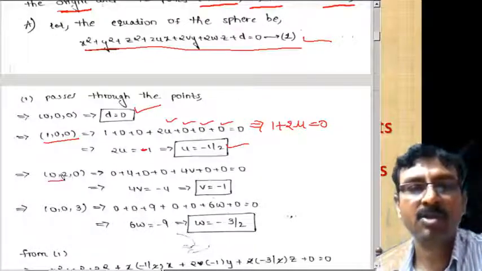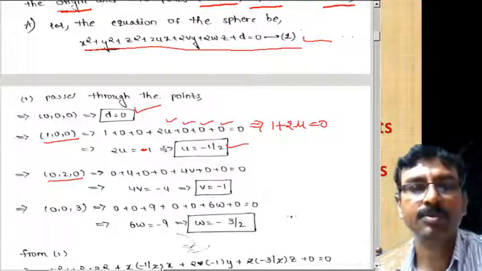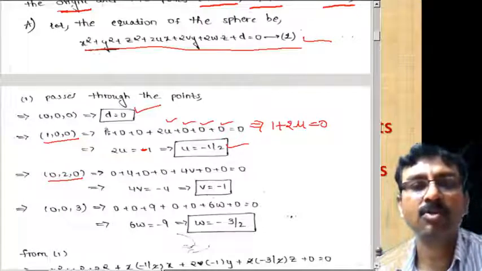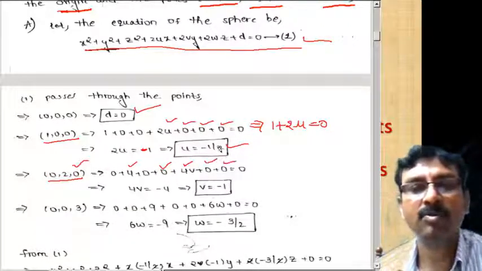Next, substituting the next point 0 2 0. Here x is 0, y is 2, 2 square 4, and z is 0. 2ux is 0, so 2vy, y is 2, gives 4v, and the z coefficient is 0, so d is 0.